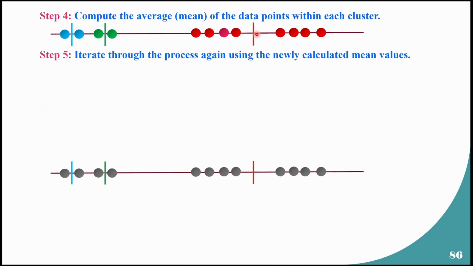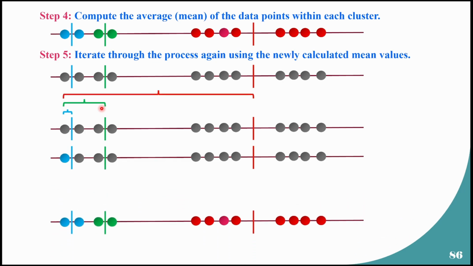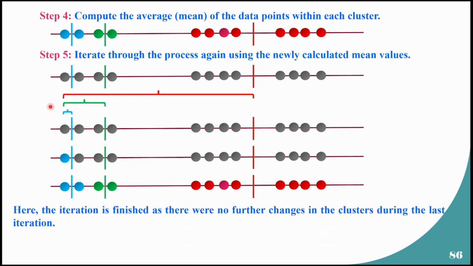And now you iterate the process again by reassigning each data point to be part of the particular colored cluster. And at some point, you will see that the algorithm will not find a new solution to what has already been assigned. So at that point, the iteration is finished because it cannot find a new solution for the assignments. Okay.